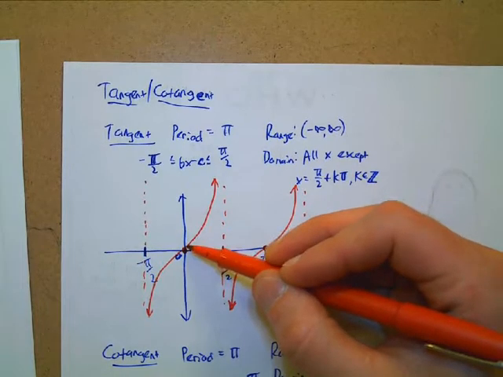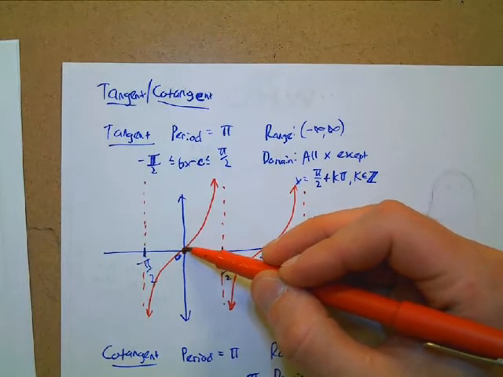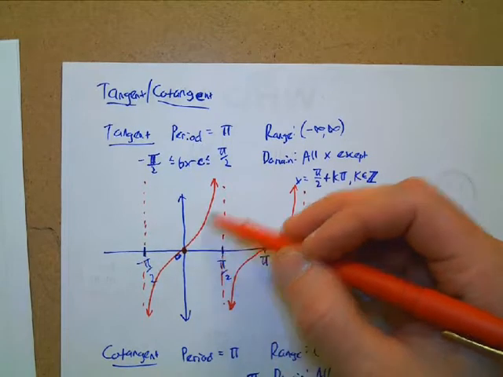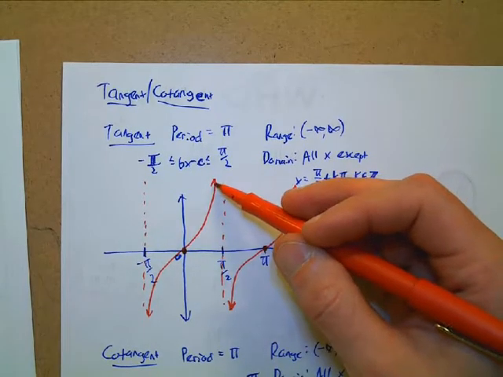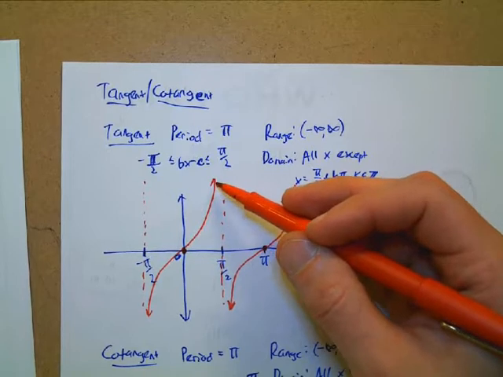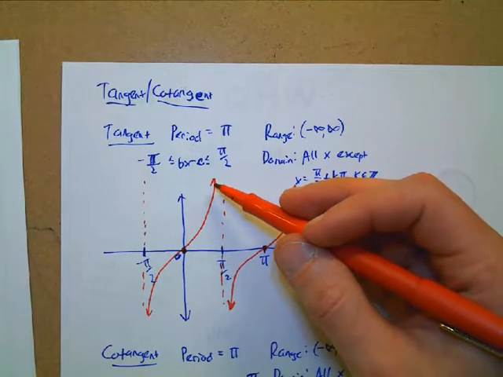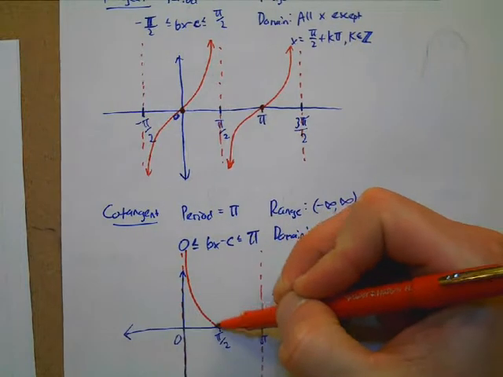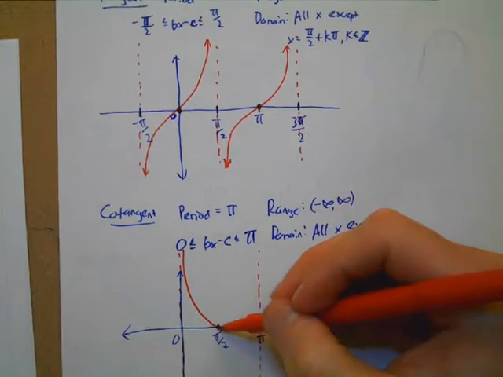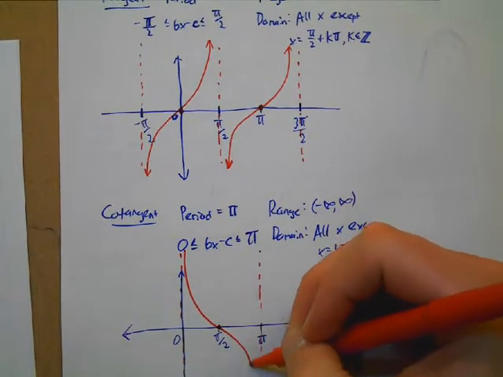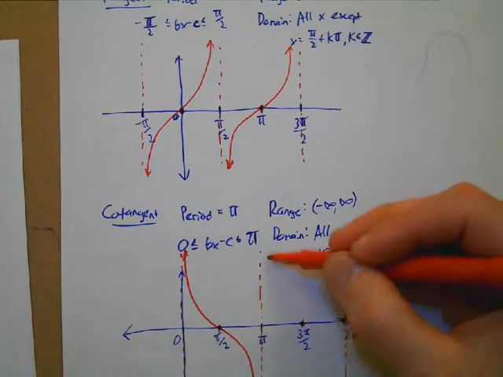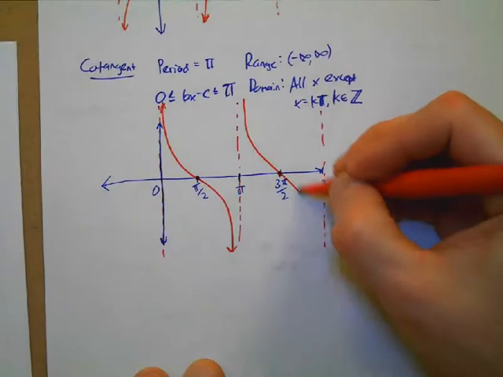Oh, I'm off the screen, my bad. There you go. So they kind of go down from left to right, and that creates that. Okay? So there's cotangent, again, with all the transformations and things like that.